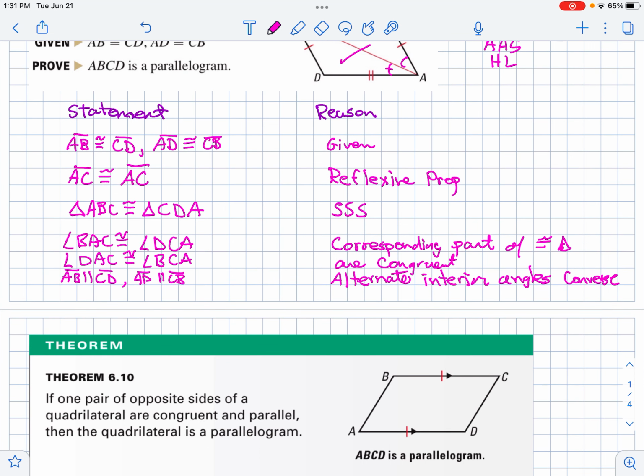And now we have ABCD as a parallelogram by definition.